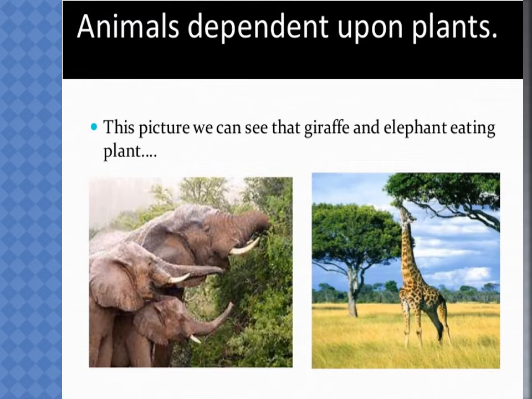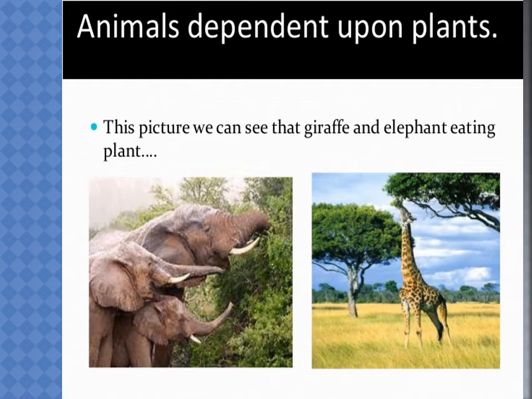Now we will study how animals depend upon plants. Dependence of animals on plants. Every animal depends on plants. That we know. We also depend on plants.